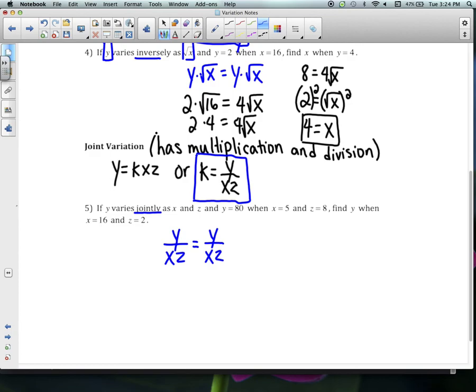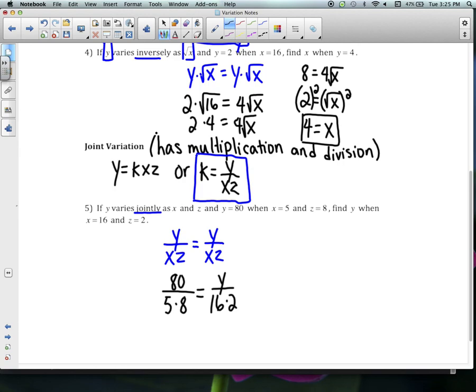So we're going to do 80 over 5 times 8 on the left side. Equals, we're going to be finding y, so we don't know that. Find y when x is 16 and z is 2. So y over 16 times 2. And then you'll want to simplify that probably a little bit.